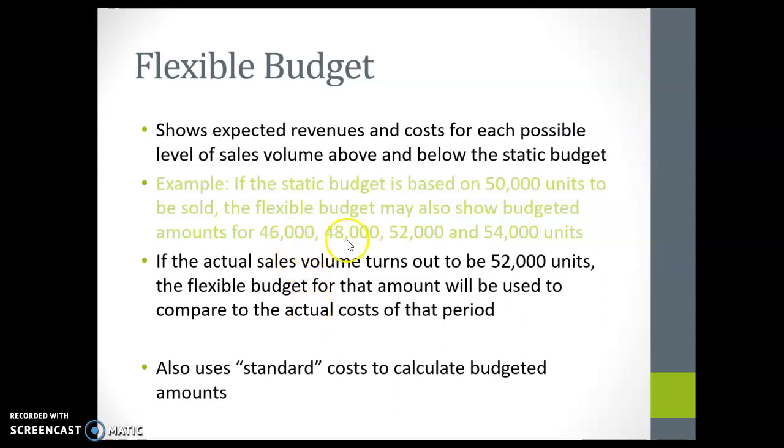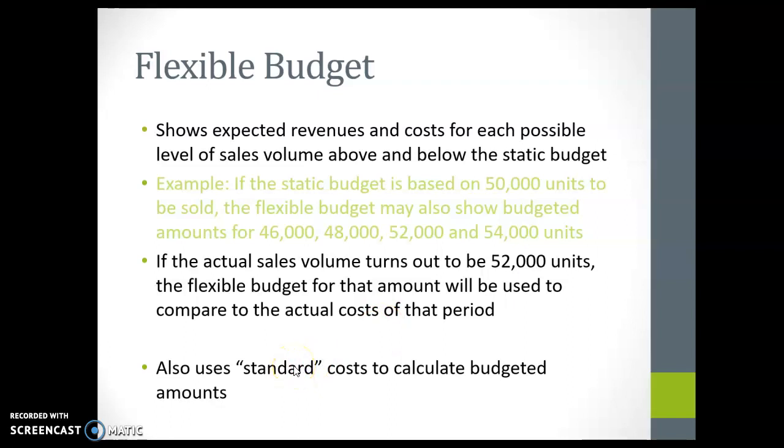Now, these flexible budgets are based on the master budget. So the master budget has to be completed first. And then it's very easy to get these flexible budgets because they're all just based on the same standards that we use to get the master budget.